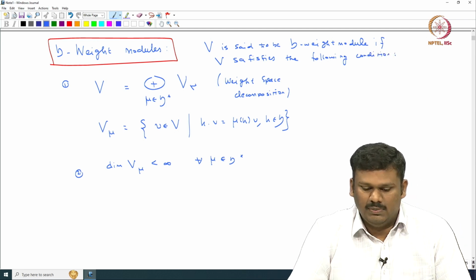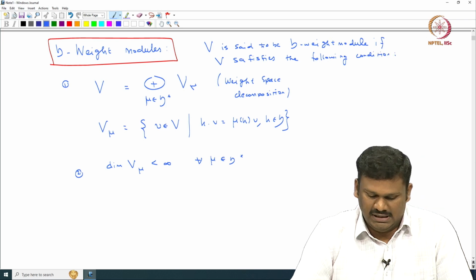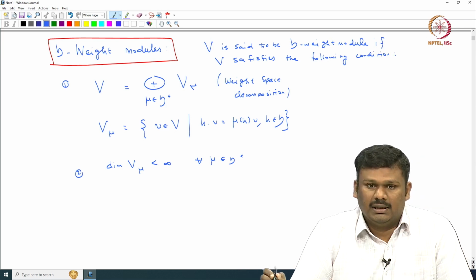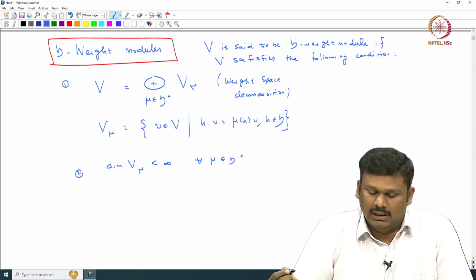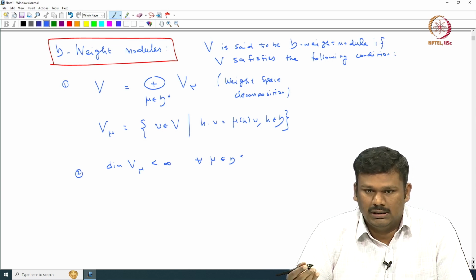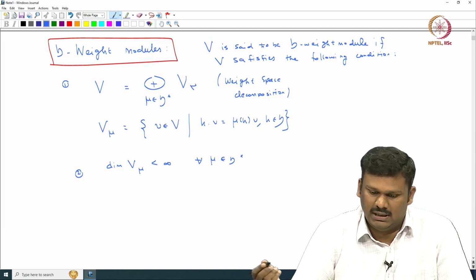The first one is V being just a direct sum of weight spaces, and the second thing is we demand that the dimension of V mu is finite for all mu in H star. The modules so far that we have considered, all of them satisfy this property. For example, any highest weight representation satisfies this. In particular Verma modules and irreducible finite dimensional modules satisfy these conditions.